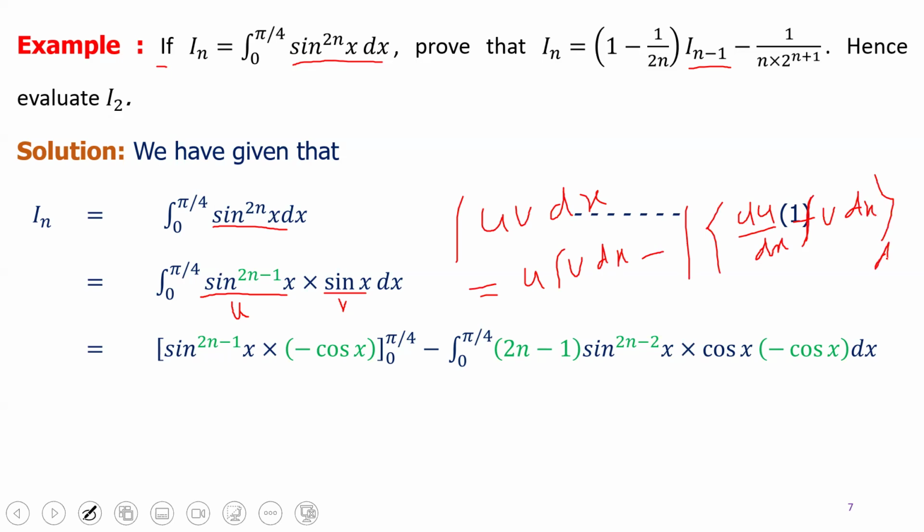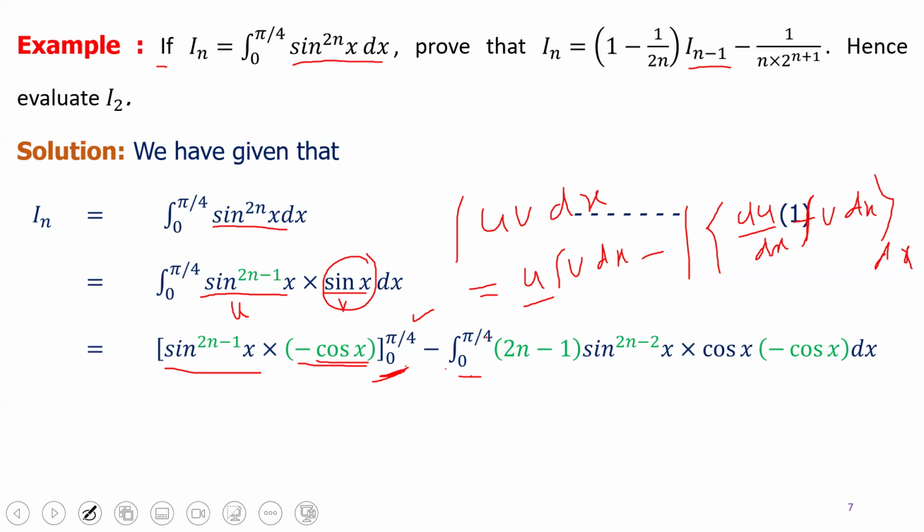Now here u is sin^(2n-1)x into the integration of sin x. Integration of sin x is minus cos x.